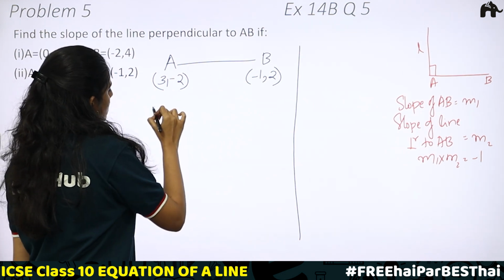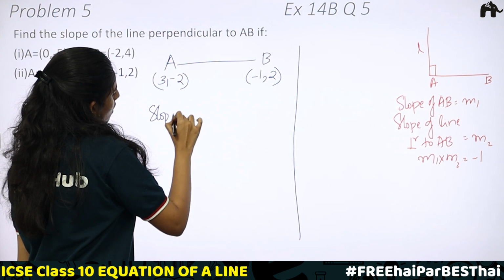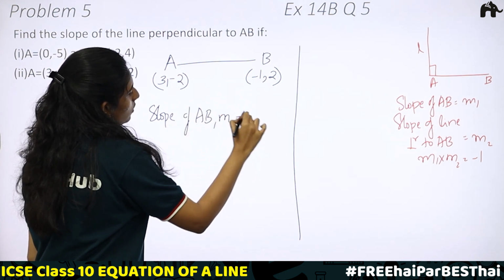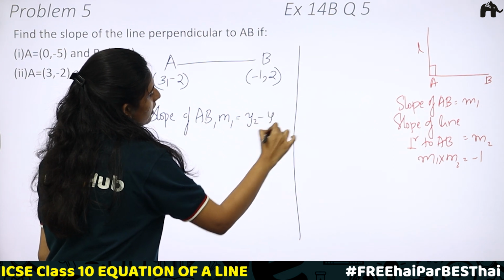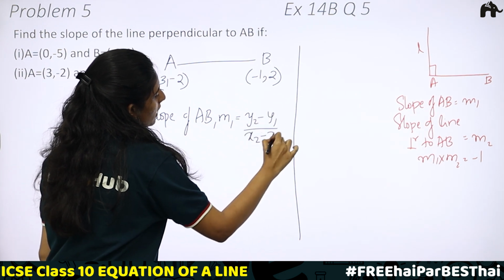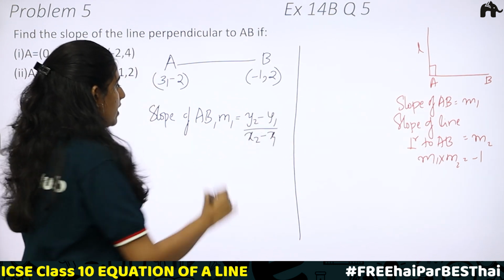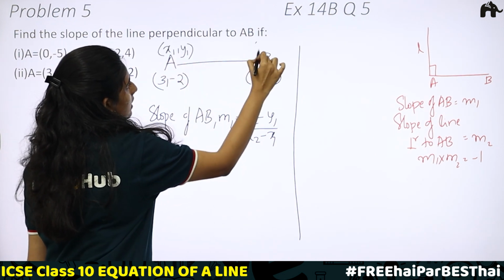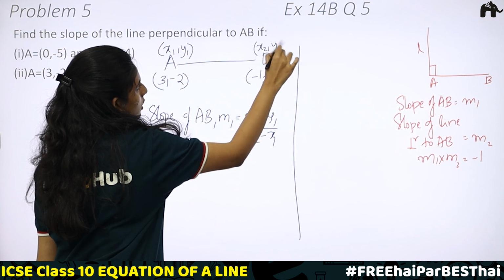We have the slope of AB, m1, is equal to y2 minus y1 divided by x2 minus x1. Put the values. Here we have x1, y1. Here we have x2, y2.